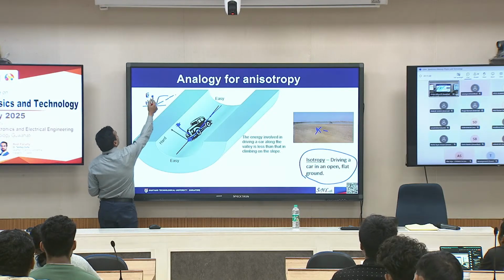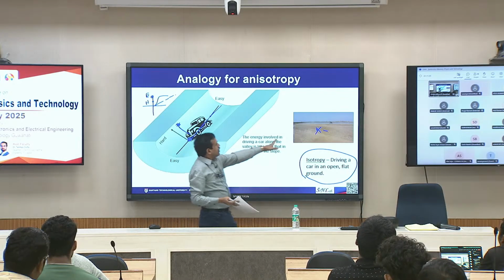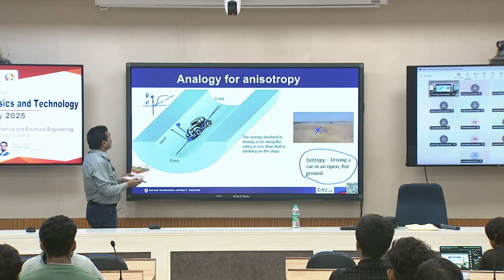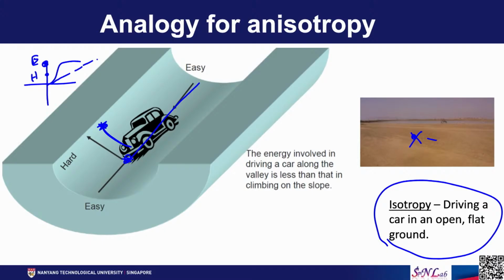So, this is equivalent to retention of magnetic moment. Here I am talking about retention of the car in its initial position, but in magnetism we are talking about retention of magnetization. In the case of the easy direction, you apply a magnetic field, you have a certain magnetization, and if you remove the magnetic field, you are almost there. So, you retain much of the magnetization. This is a property of the easy direction. In the hard direction, you will retain almost nothing or a little bit.